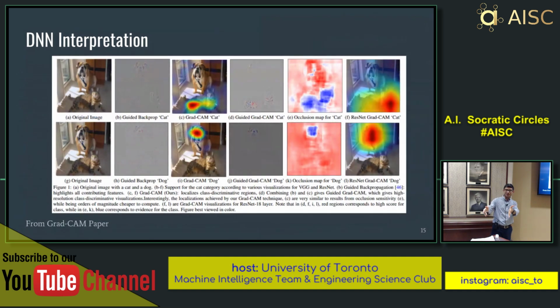This is the thing I want you to remember for the discussion points. These are the outputs of different methods, and this is from that GradCAM paper. Although they are similar, looking at similar concepts, they are not 100% the same.